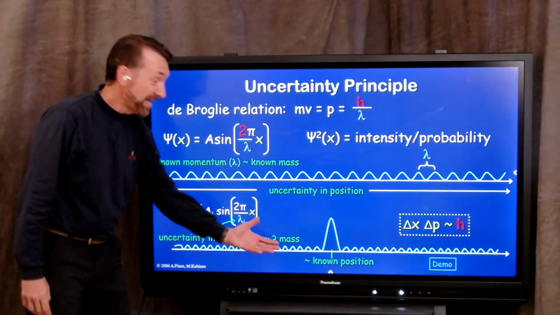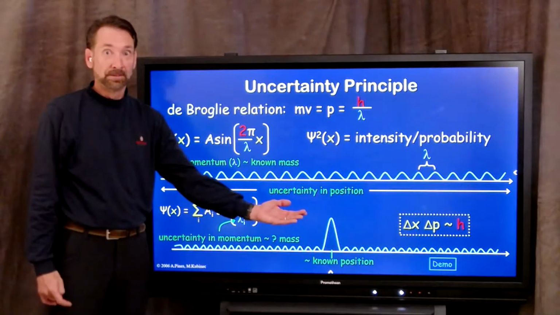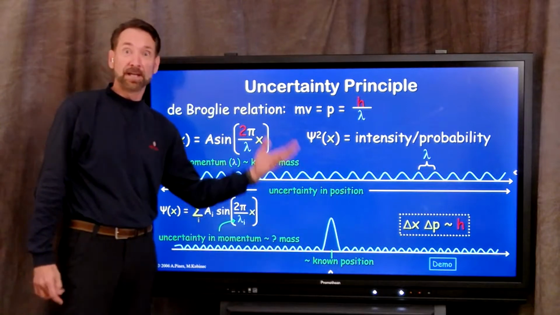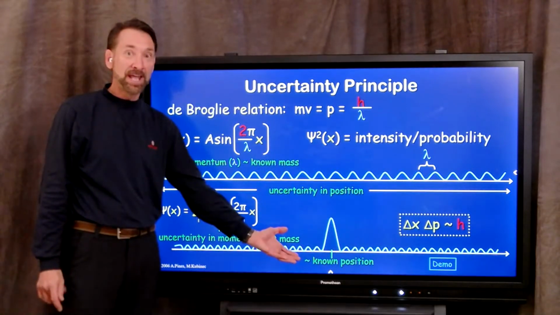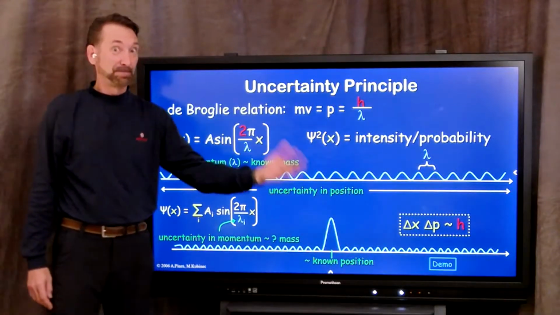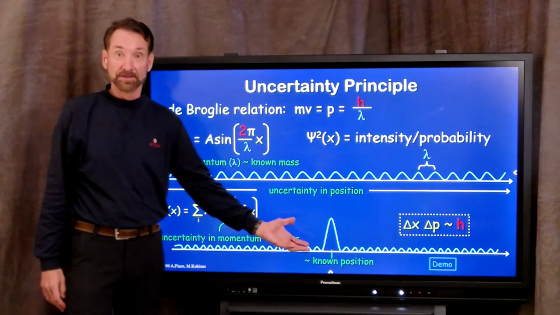And again, that's not a mysterious property of waves. It would be mysterious about matter. But if matter is going to behave like a wave, then it has to have these mysterious properties too, or at least you'd expect it to. And it turns out it does.